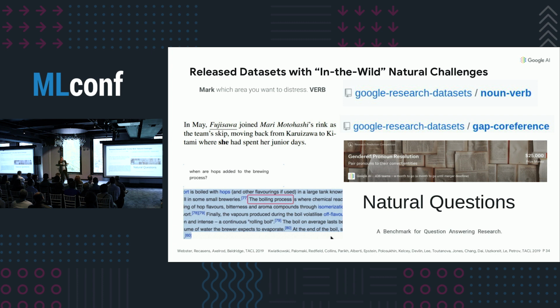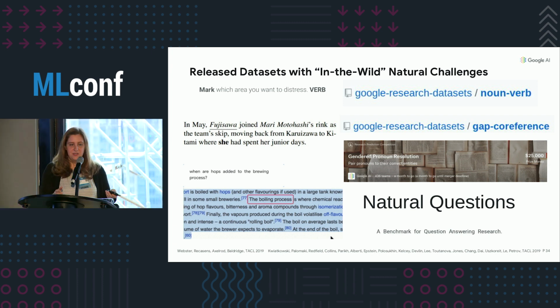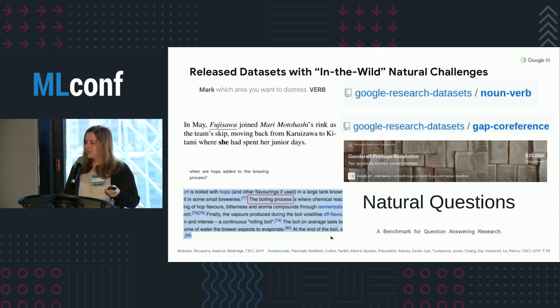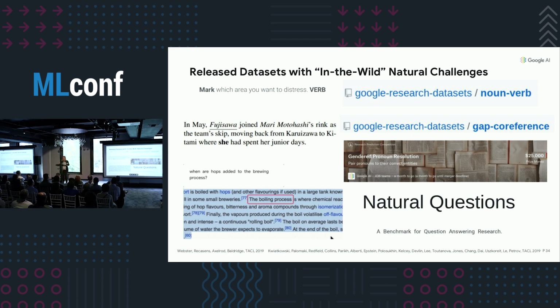And then the third data set we've released recently is the data set for Natural Questions. So one issue with a lot of question answering data sets is they come from giving annotators a passage and then asking them to come up with a question. And this leads to questions that might not be natural or might tend to stay really, really close to the passage. And so we created a data set where all of the questions are real questions that people ask.